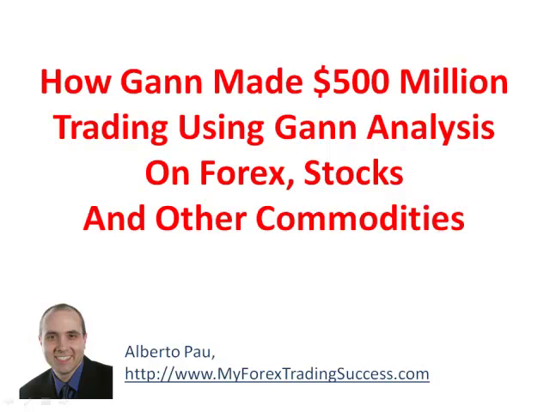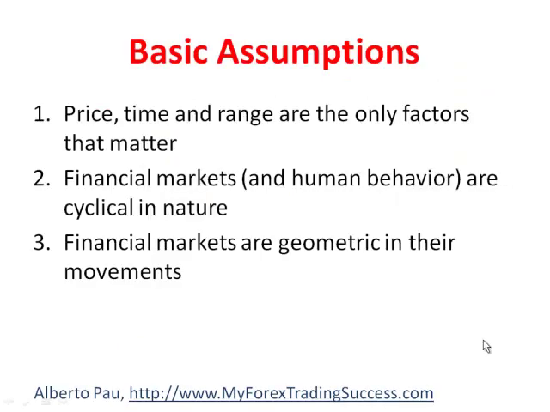I'd like to spend a few minutes outlining how William Gann made over $500 million trading Forex, stocks and other commodities using his analysis that he himself called Gann analysis. The basic assumptions of Gann analysis is that only price, time and range are the factors that matter.